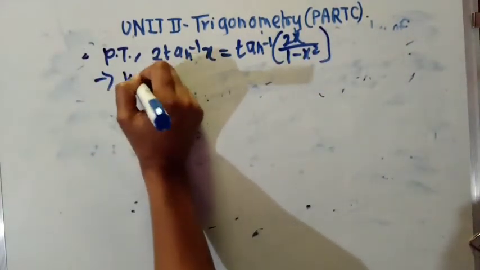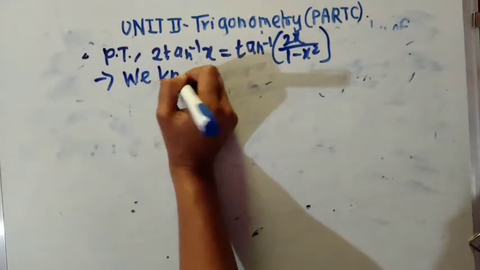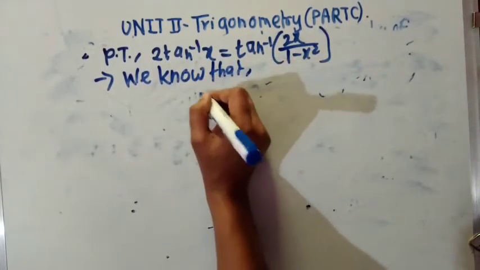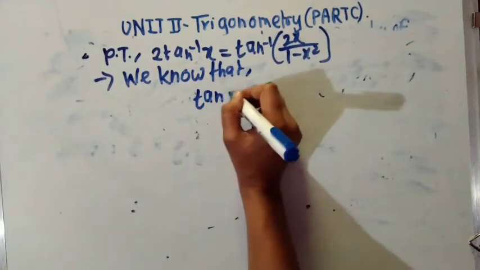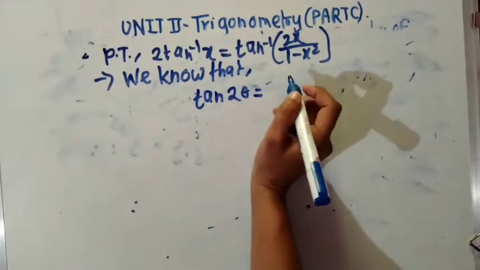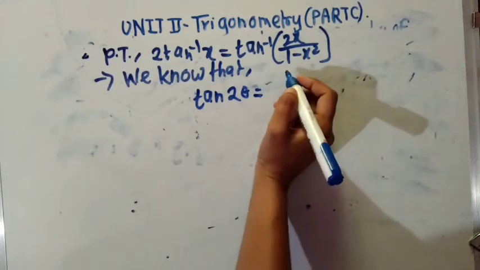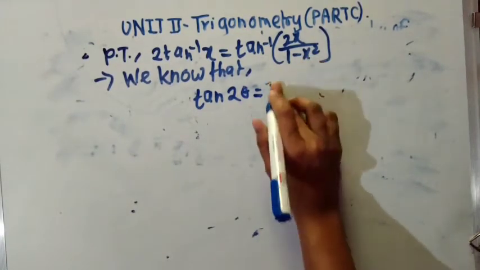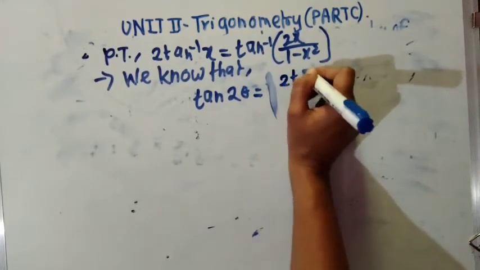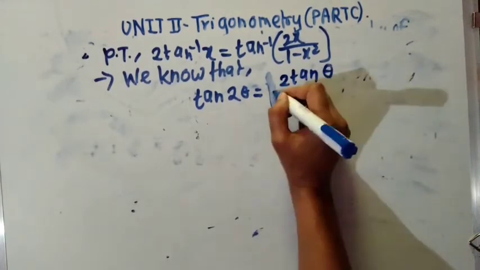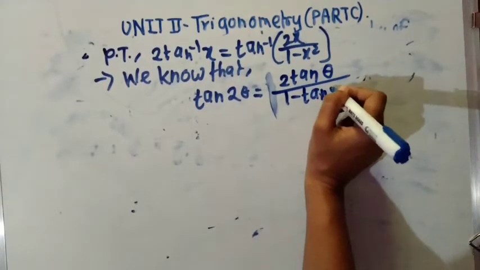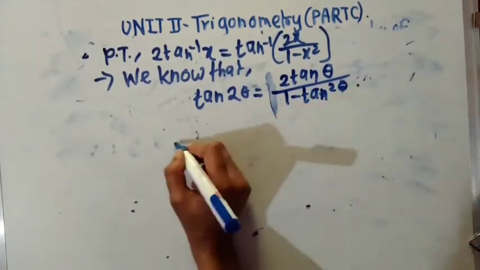So first we know that tan 2 theta is equal to 2 tan theta upon 1 minus tan square theta.